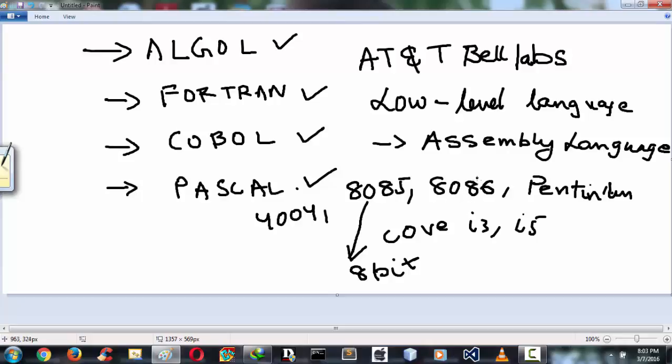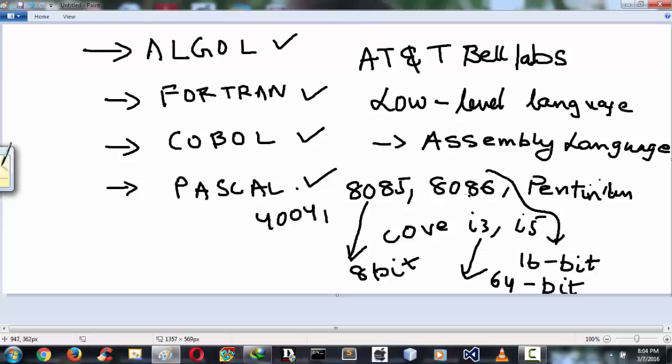And also we have 8086, which is a 16-bit processor, and it has its own assembly level language and registers based on its architecture. And starting from Pentium 4 and so on, i3 and i5 are all 64-bit processors, which have more processing capabilities than the previous 8-bit or 16-bit processors.